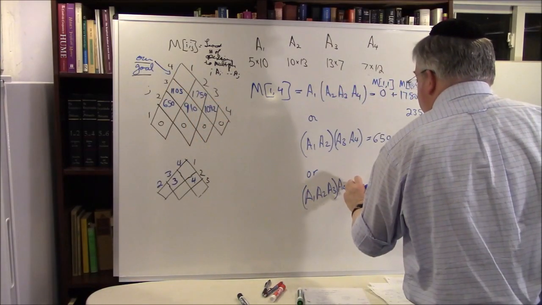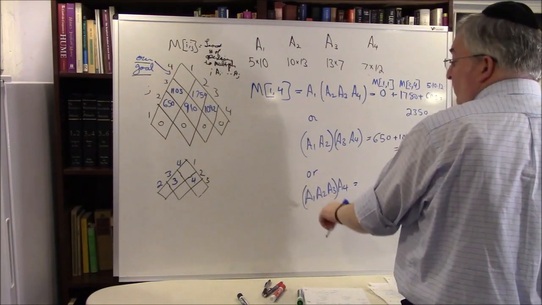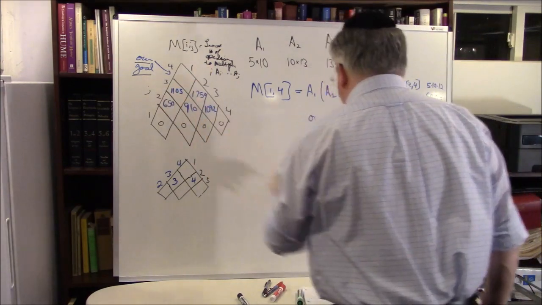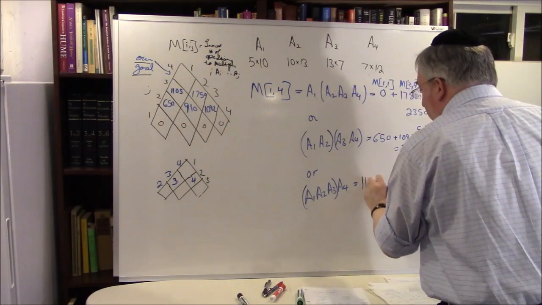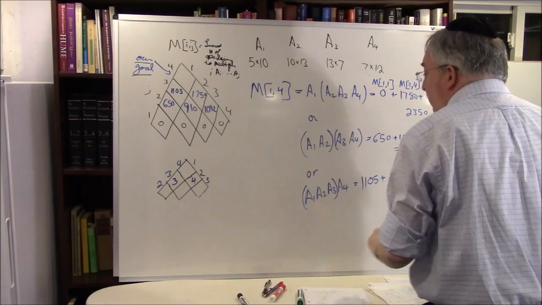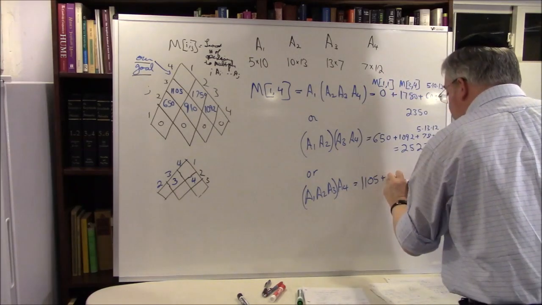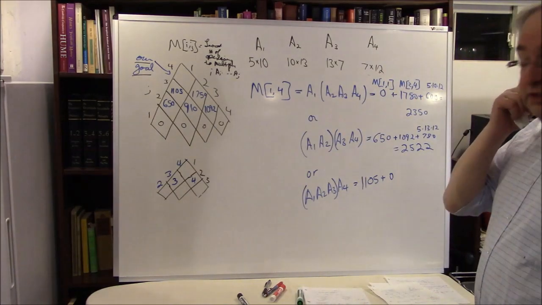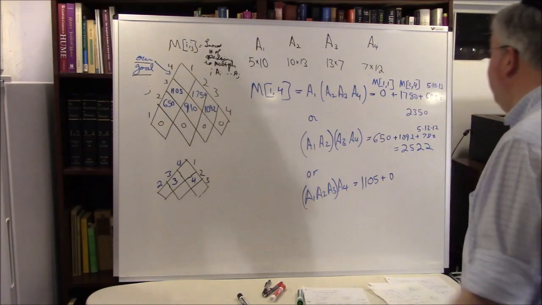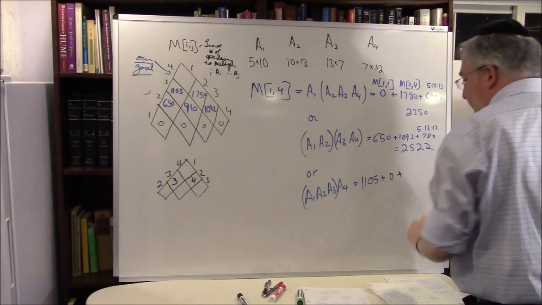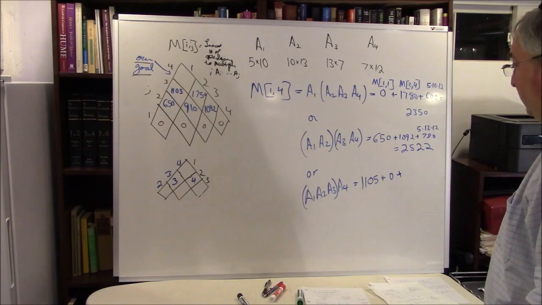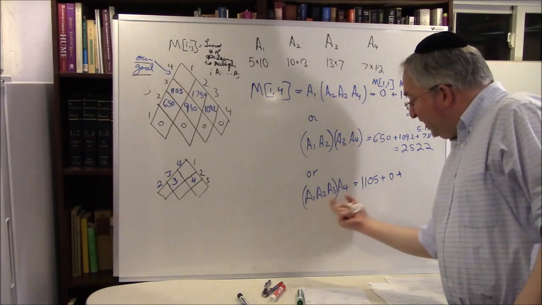Okay, great. How many operations does it get to multiply this? Well, A1 through 3 we did already. That's 1105, plus A4 by itself is 0. You're not doing any operations to get this by itself. Plus, okay, what's left? I have to multiply this guy times this guy.